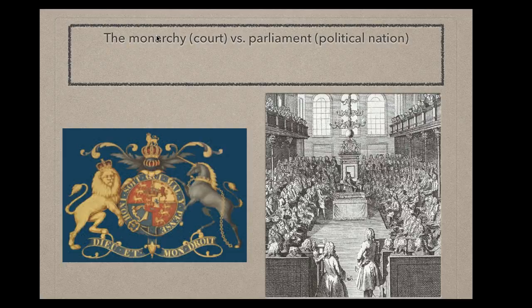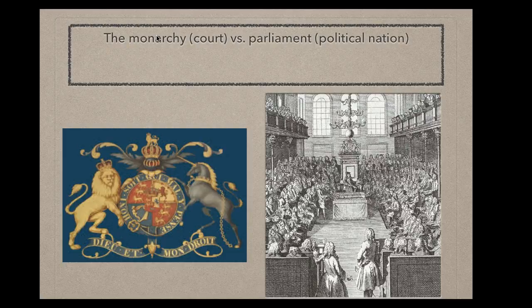And one of the great things that the Parliament did in England traditionally was it voted on all taxes that were then provided to the king and to the court to carry out the official policies of the nation of England. So Parliament has a very key role in the nation of England that is unique, I think, in Western Europe.